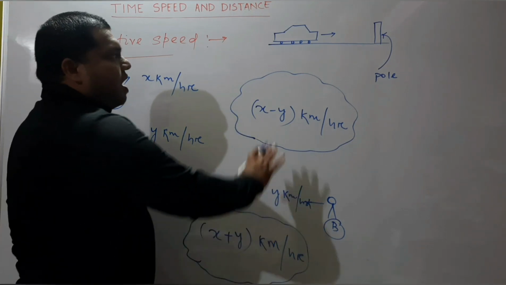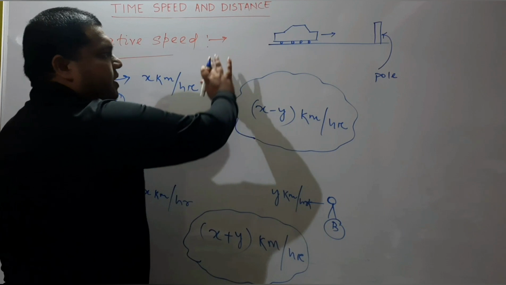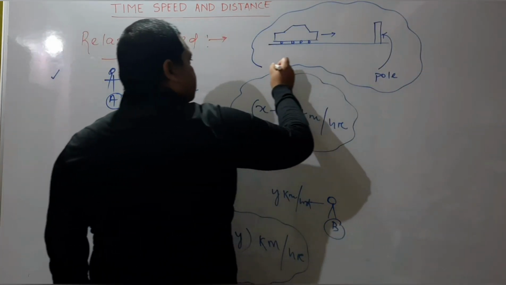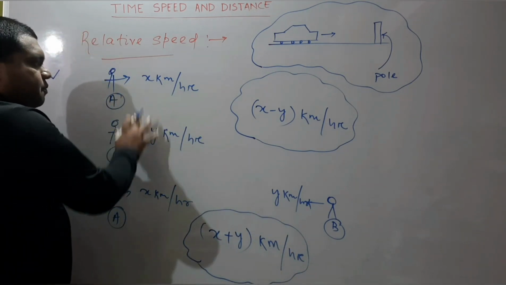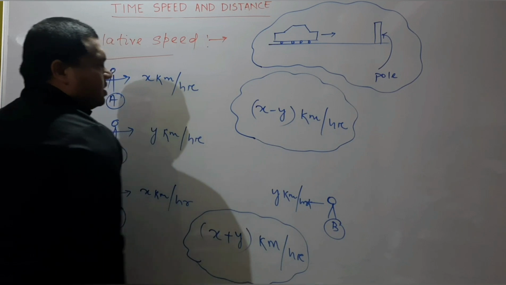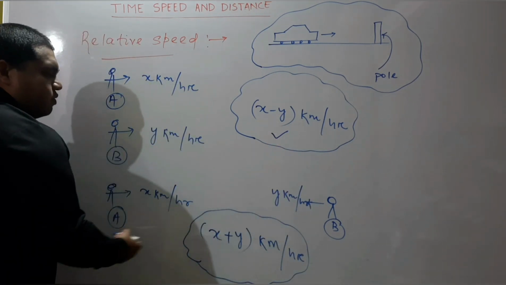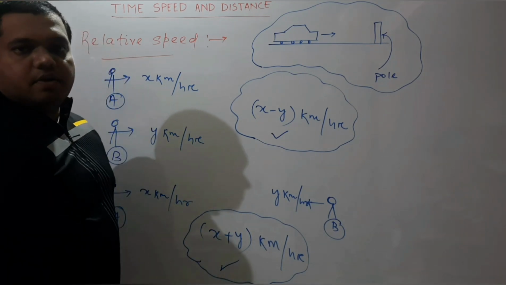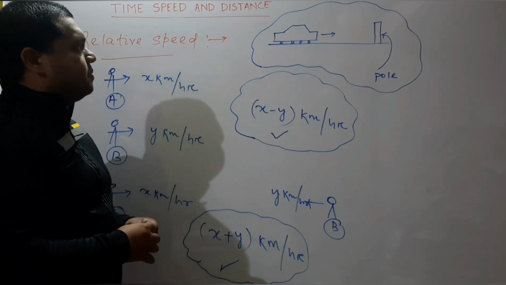That means one body is in motion, another body is at rest. This speed is called absolute speed. But for relative speed, you need two bodies. If both the bodies are moving in same direction, this is the formula for relative speed, and if two bodies are moving in opposite direction, this is the formula for relative speed. Now we will solve questions from relative speed.